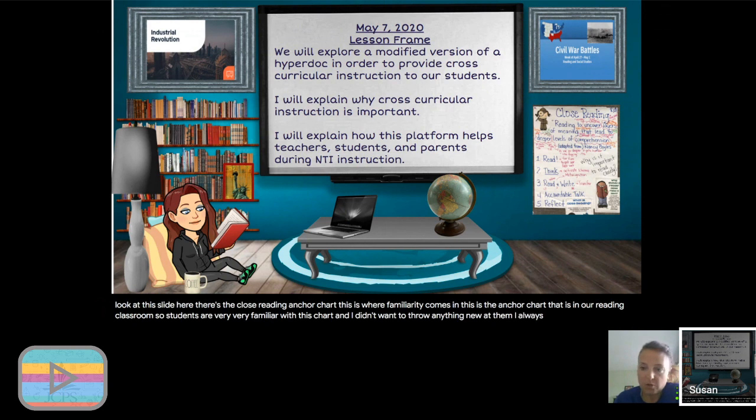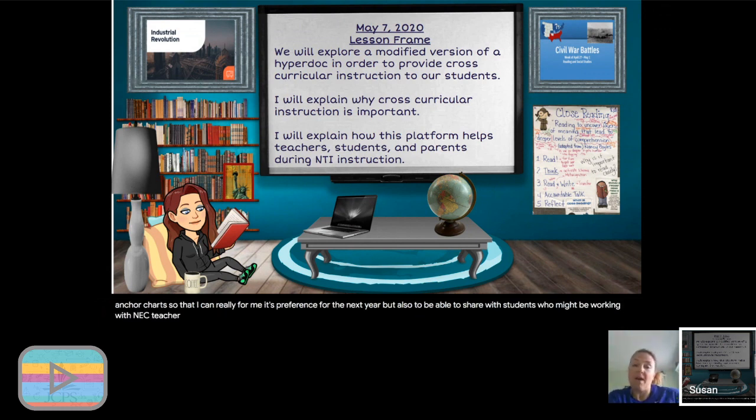I always take pictures of all of my anchor charts, for me it's a reference for the next year, but also to be able to share with students who might be working with an ECE teacher. And that way they have it as well when they're in a different environment. So this really helped students, like, okay, take a look at our anchor chart again.